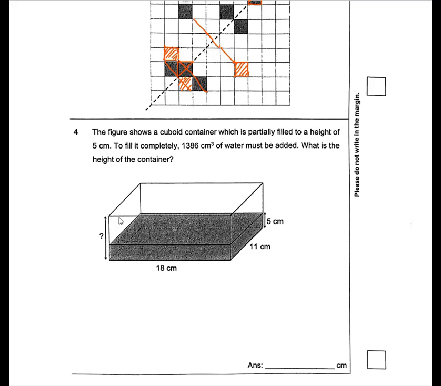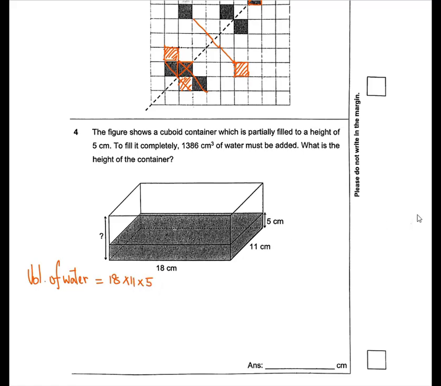So it's very simple. See, what is the volume of water currently that is there? That is the volume of this shaded portion here. So volume of water is 18 times 11 times 5.